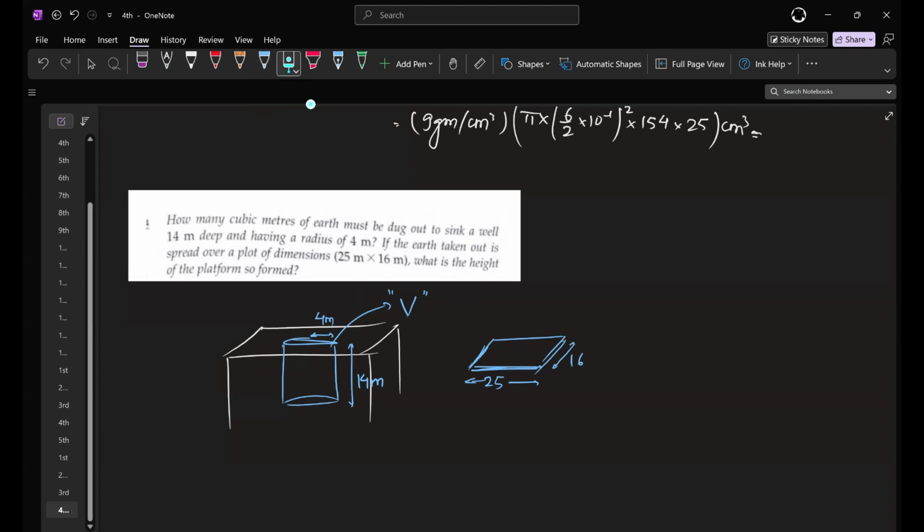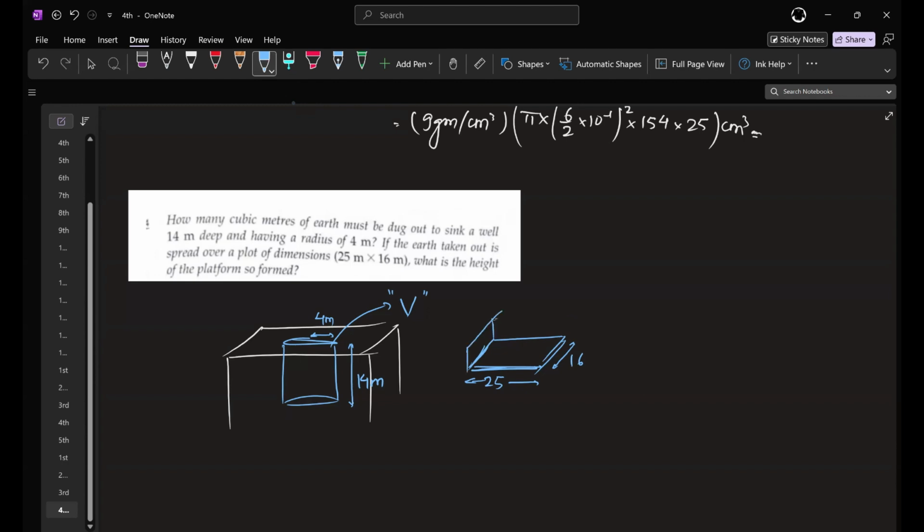So the unit of volume would be meters cube, right? And this is meter into meter, it means meter square. So a volume is being spread over an area. Once a certain amount of earth has been put over this area, then another layer would be put on, then another layer, which will make this have some height.